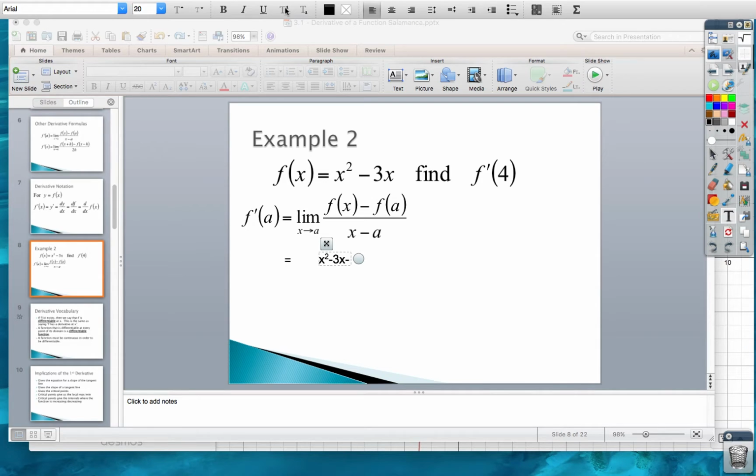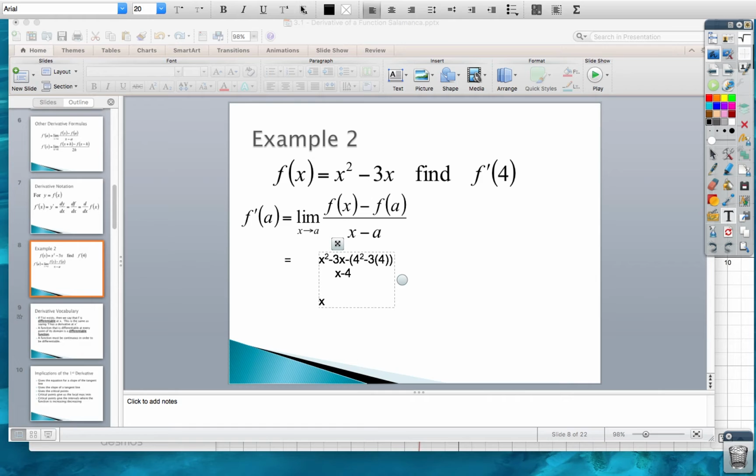So keep in mind f of a is now, let's put these in parentheses, 4 squared, because it was originally x squared minus 3 times x, or minus 3 times 4, all divided by x minus 4, because that's what the formula calls for.